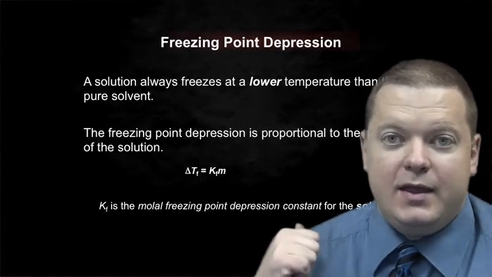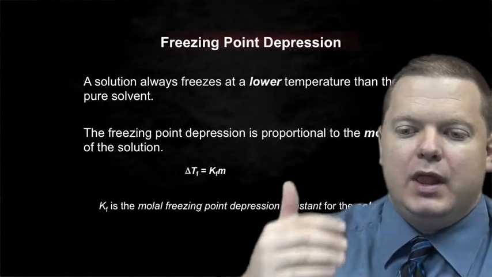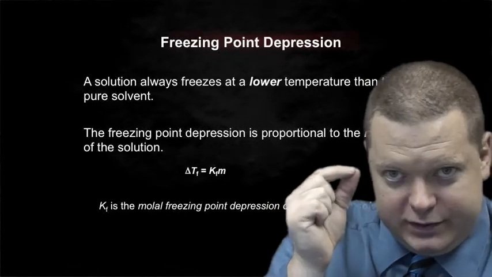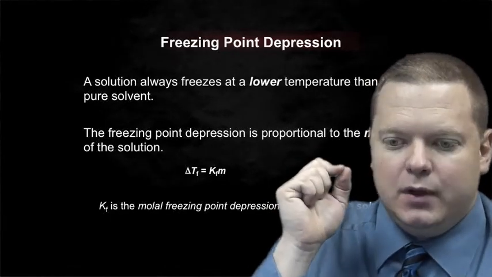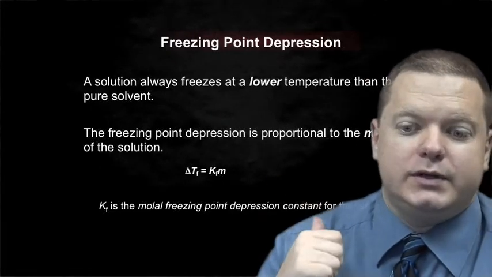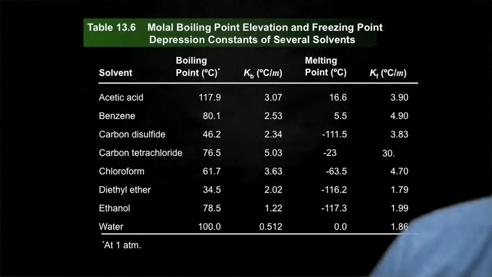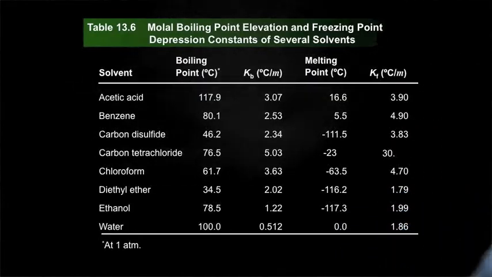Right? So the Kf and the Kb are going to be related to that single species, so it's based on the solvent. The molality is for the solute. If we look at this figure, here's a whole bunch of different solvents and their respective boiling points, melting points, and their K values for either Kb or Kf.